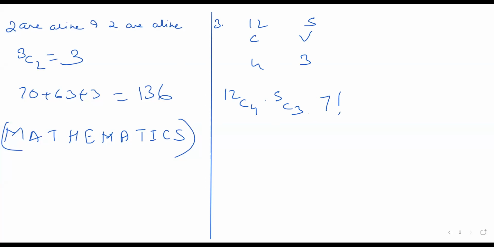We have done one such sum yesterday also. So you can solve this.